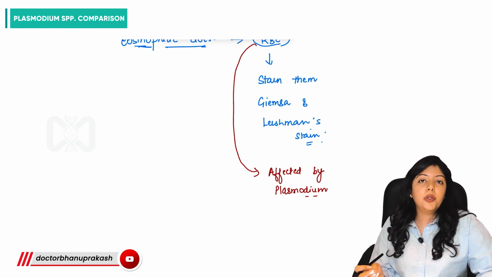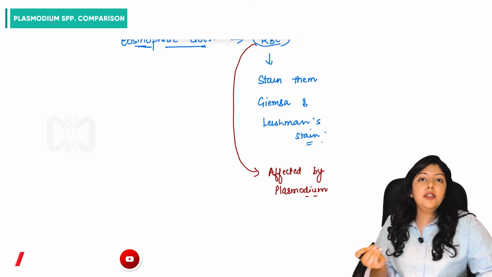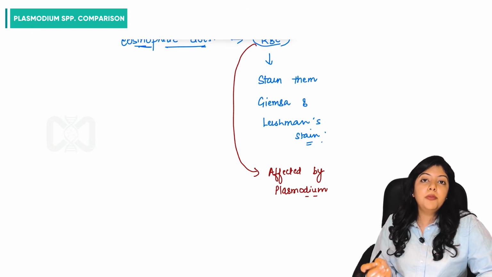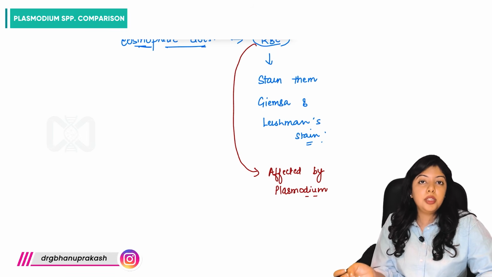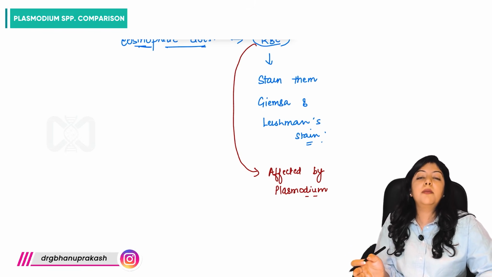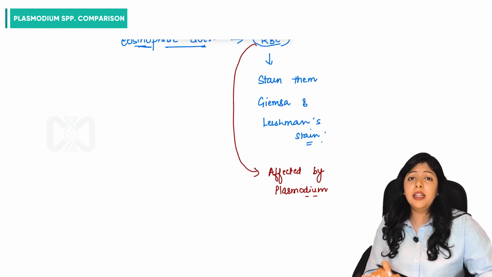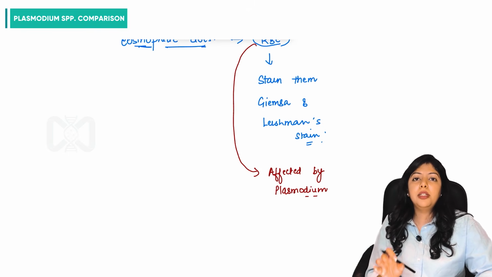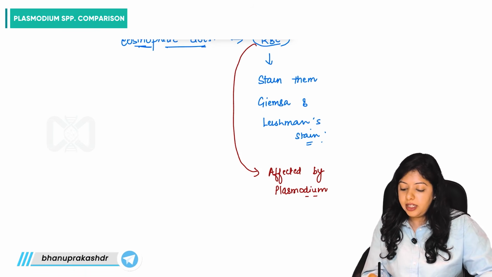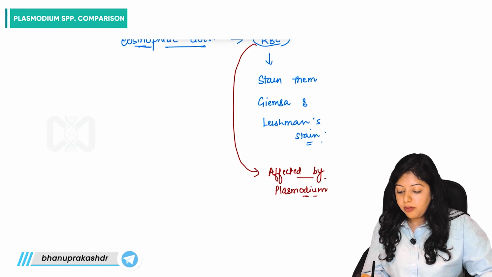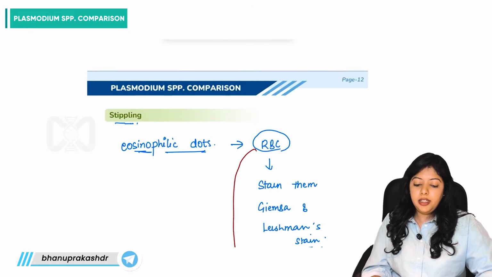These structures act as transport mediums for protein transport from the Plasmodium to the RBCs. They are the transport channels which are easily visible once we stain them with Giemsa and Leishman. This is what you need to know about the mechanism of stippling.